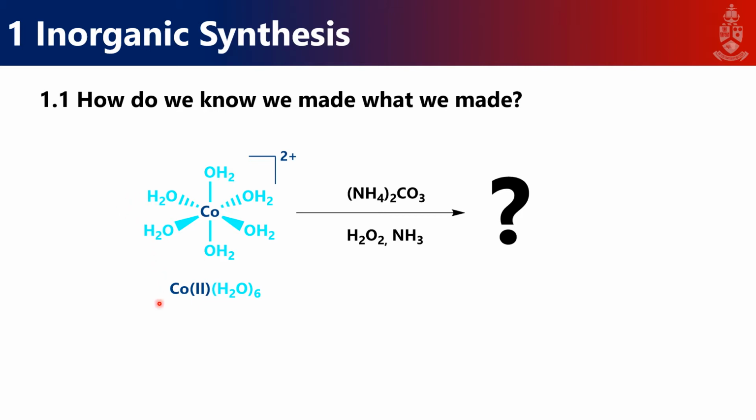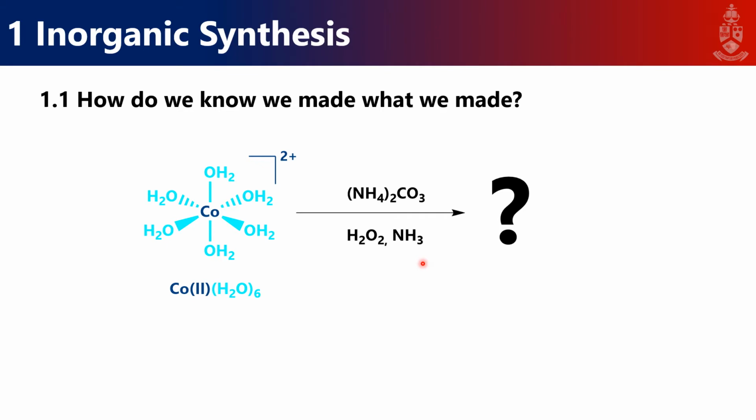So let's say we start with some cobalt-2 species, hexa aqua cobalt in the 2+ state, and we react it with some reagents. Already, we can use our intuition to try and predict some products that may form because we know hydrogen peroxide is an oxidizing reagent, so we know cobalt will go to the +3 state.